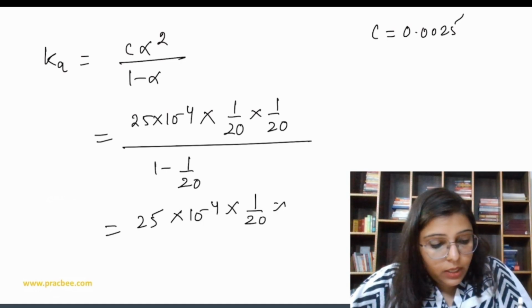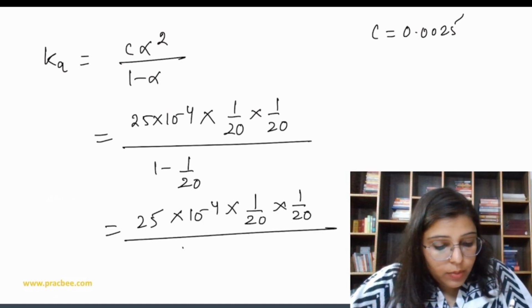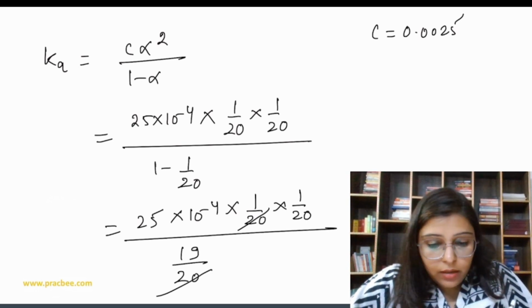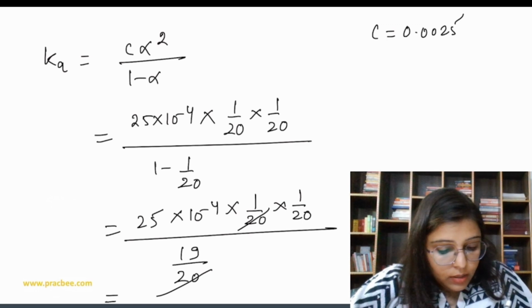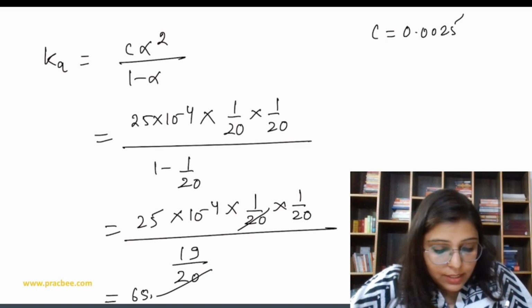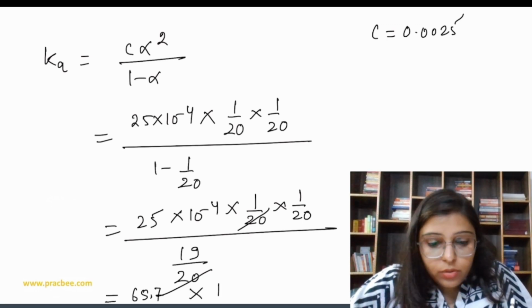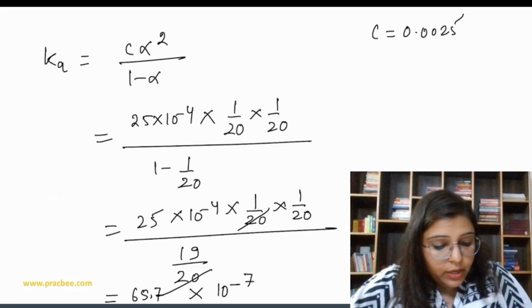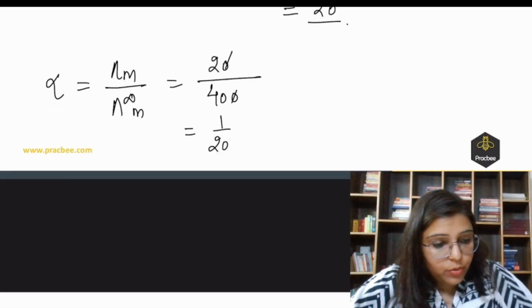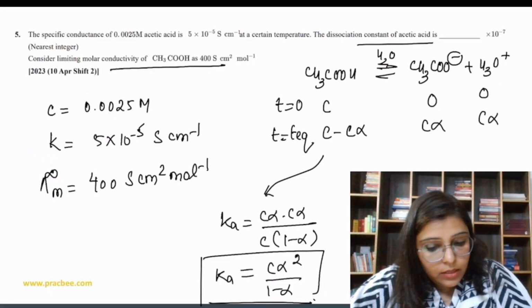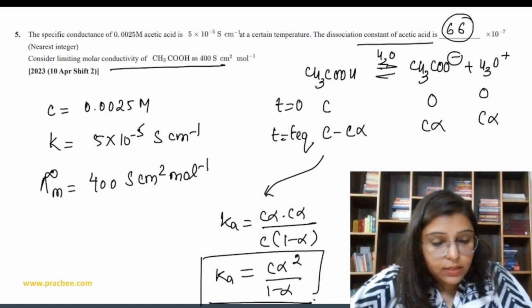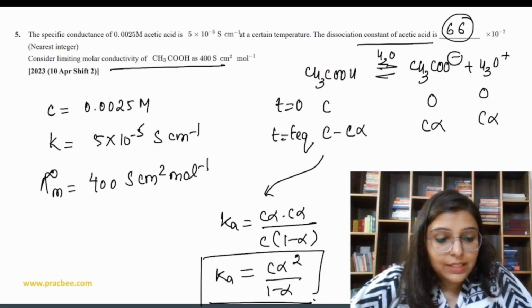So 1 by 20 into 1 by 20 upon 19 by 20. The 20 cancels out, and on solving we get 65.7 into 10 to the power minus 7, and we have to report the answer as the nearest integer. So this is going to be 66. The answer is going to be 66.